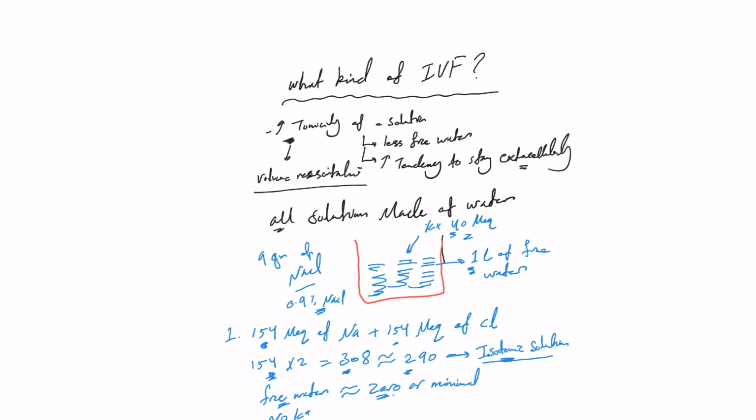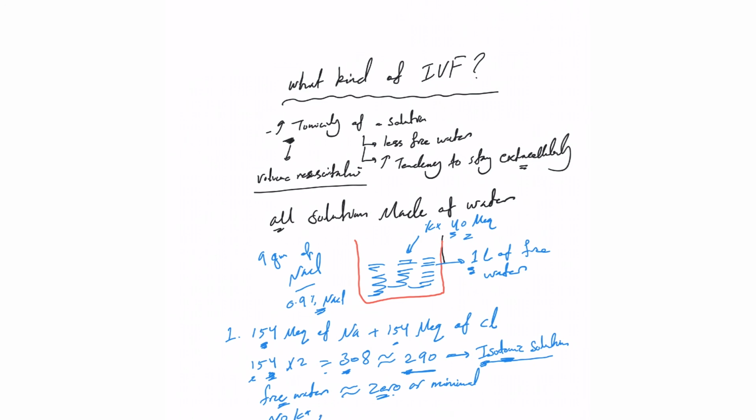So 40 plus 308 is 348, and this is bigger. So now this solution became a hypertonic solution, has higher tonicity and has less free water compared to normal saline itself. If you add 80 milliequivalents of potassium, it's a higher tonicity solution. So you just add these milliequivalents and compare them to the 290, and that's how you decide: isotonic is around 290, hypertonic is way above the 290, and hypotonic is way less than 290.